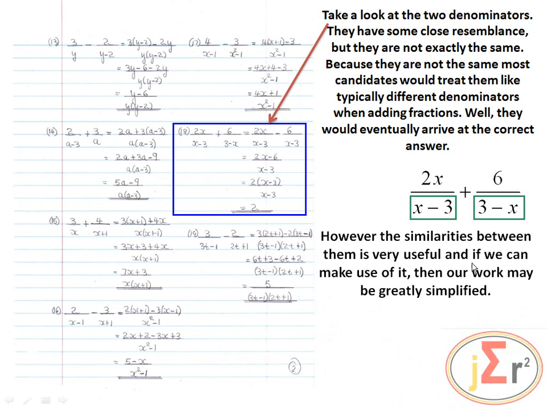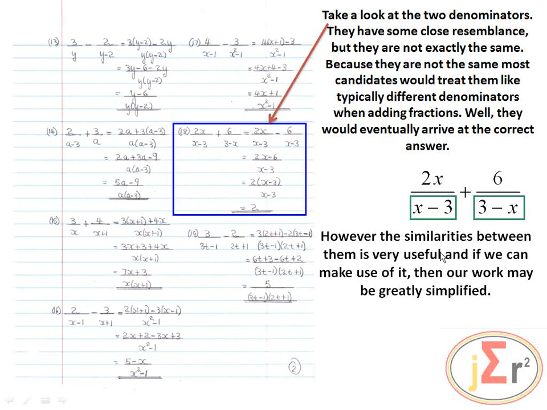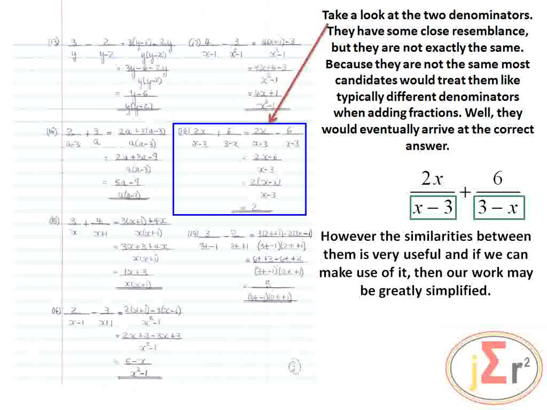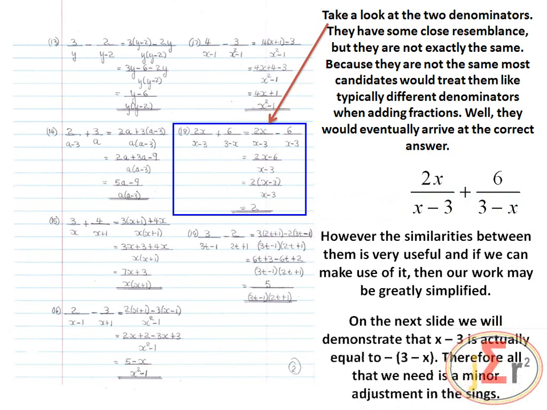The similarities that we have between these two may not be what we would have expected from first glance, but the similarity between them is very useful and may be able to help in simplifying our work.